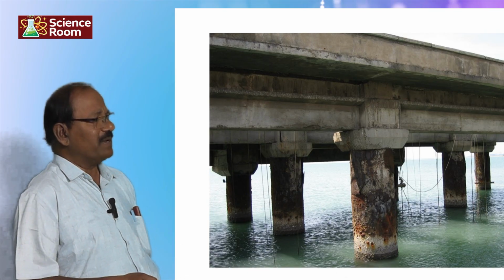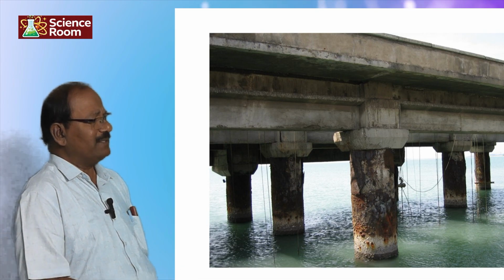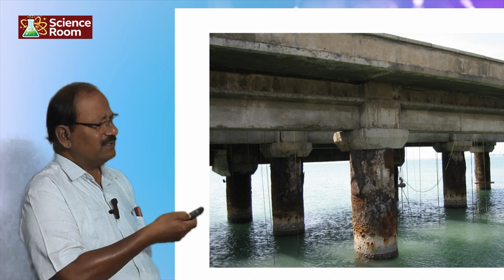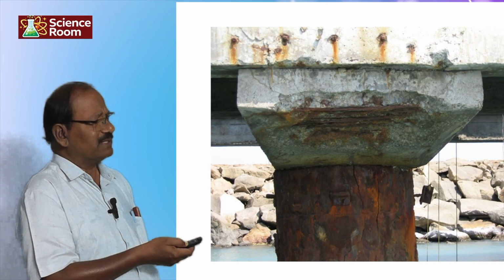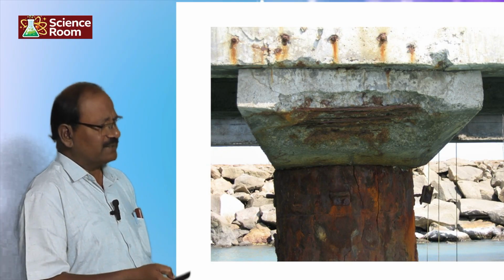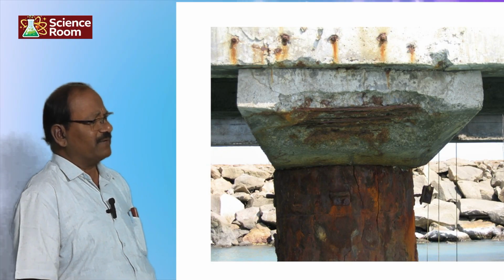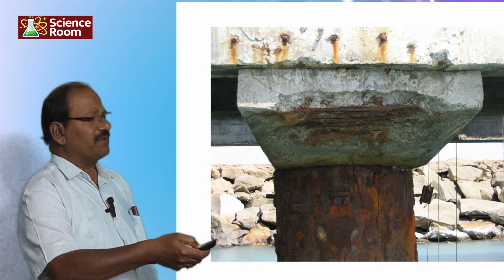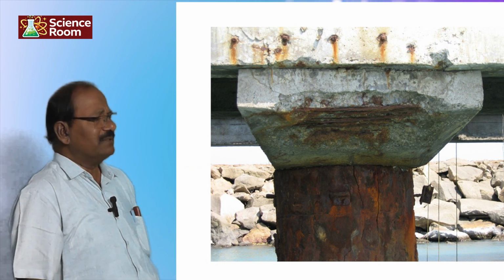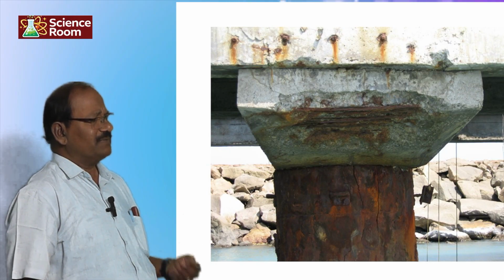And here also the coping. This is a pile, the bottom is pile, and the top is the RCC coping slab, and that is also exposed to a chloride environment, and corrosion has taken place. Chloride is the main culprit for corrosion. Corrosion is ravaging the columns. So many columns, column cover, everything has fallen down within no time.